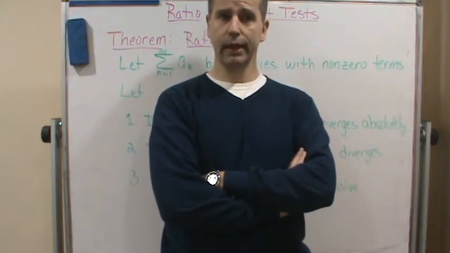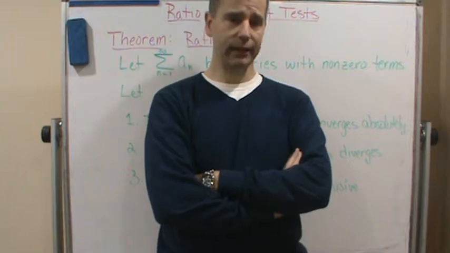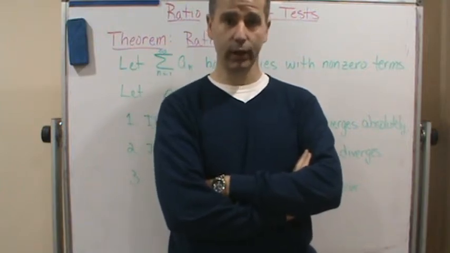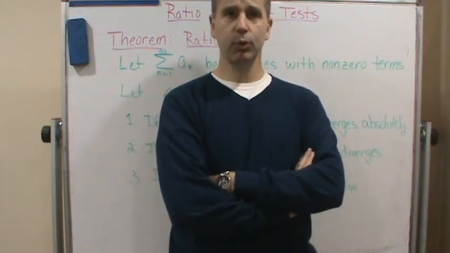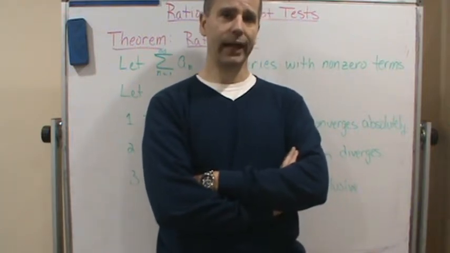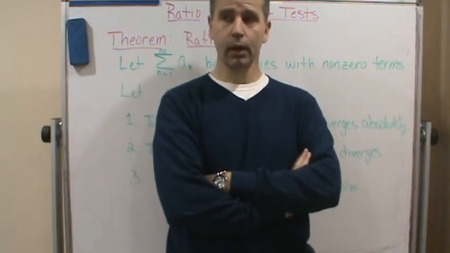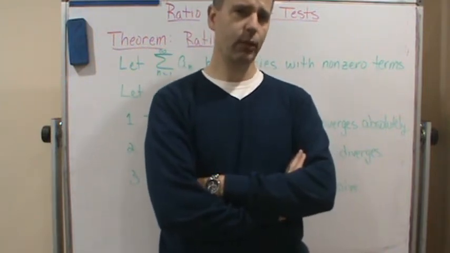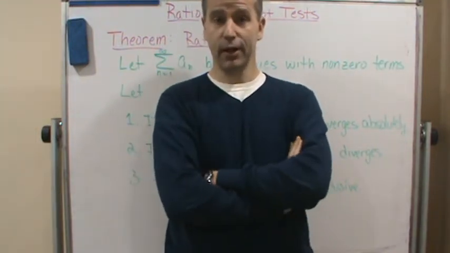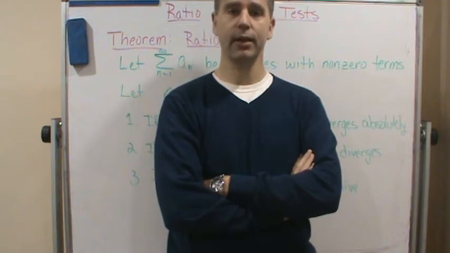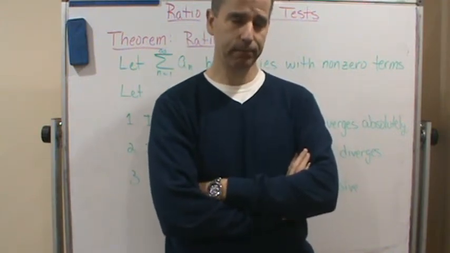In that case, we couldn't use the fact that it was just going to 0, because 1 over n and 1 over n squared both go to 0. It was the fact that 1 over n, the harmonic series, doesn't go to 0 fast enough. And so the ratio test is a way we can find out whether it does go to 0 fast enough, and then we can determine whether the series converges or diverges based on that.